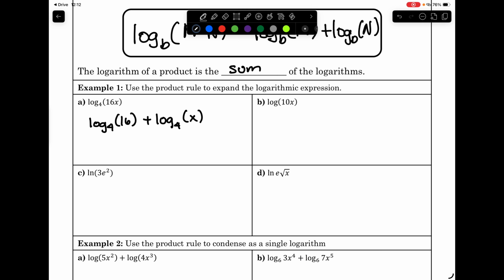The usefulness of this property is that it lets us evaluate logarithmic functions. Because I'm adding, this value actually has a numerical value. The log base 4 of 16 asks: 4 to some power equals 16, and the answer is the number 2. So this value is 2, and this is 2 plus the log base 4 of x.